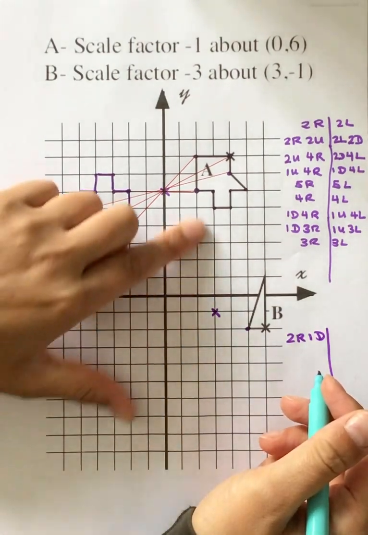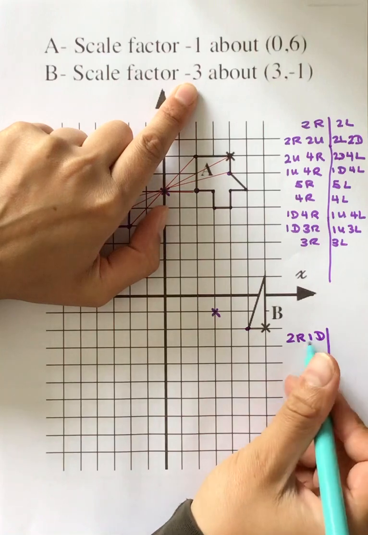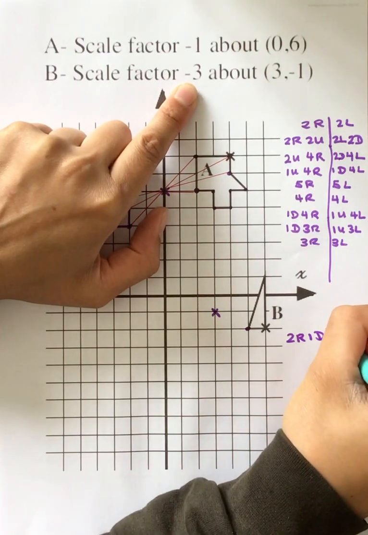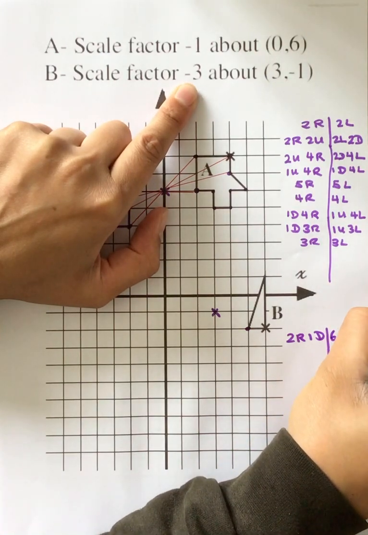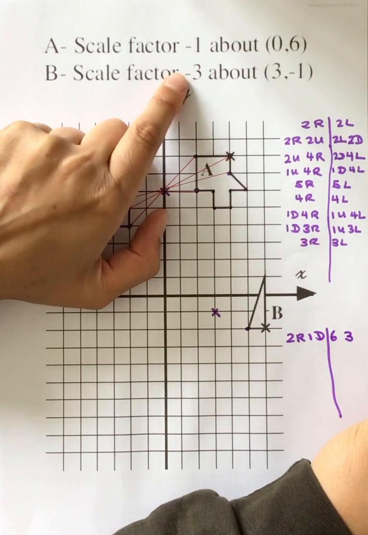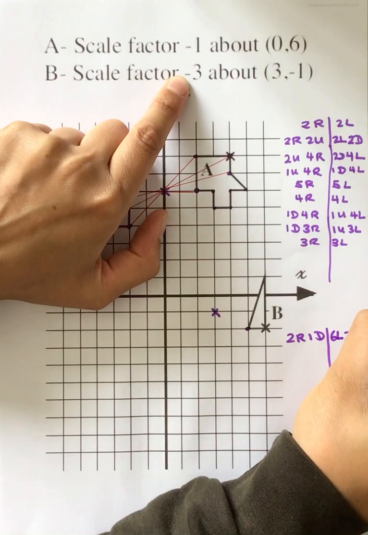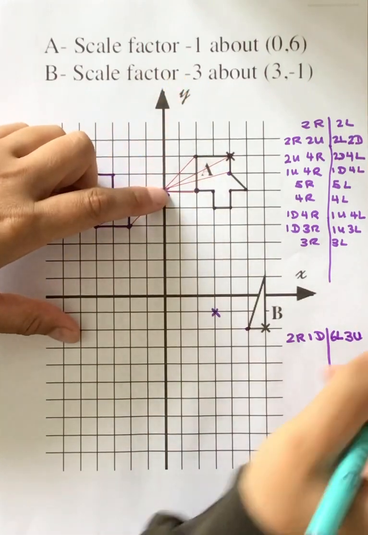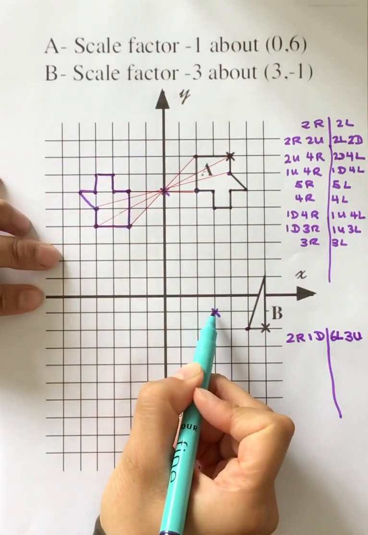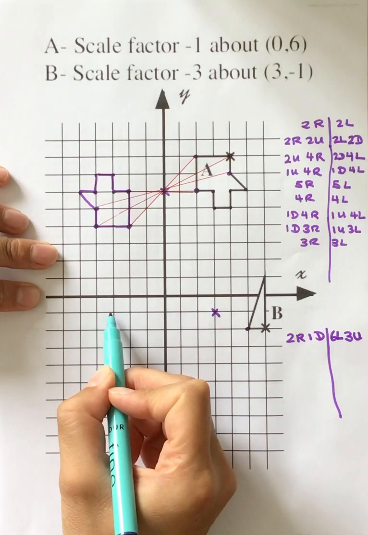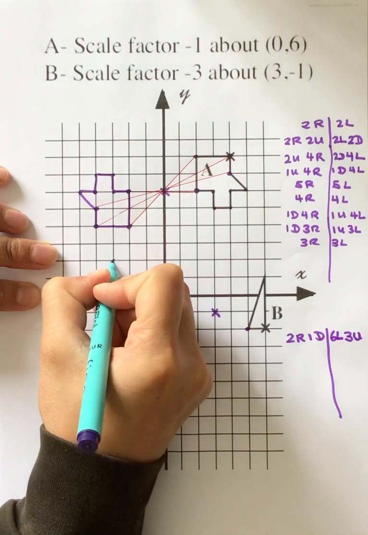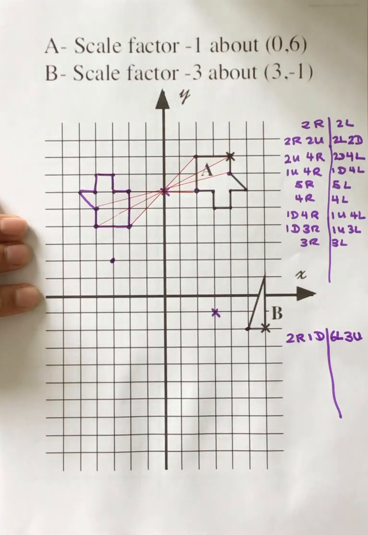My scale factor this time is -3, so I need to times these measurements by 3. So that gives me 6 and 3. And the minus tells me to change the direction as well. So I'm going to go left and up. So from my centre of enlargement, 6 left and 3 up means my new corner will be here.